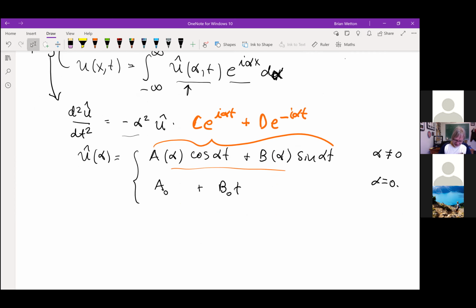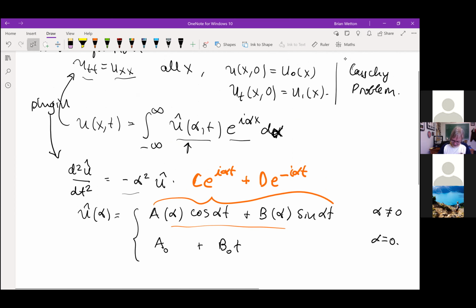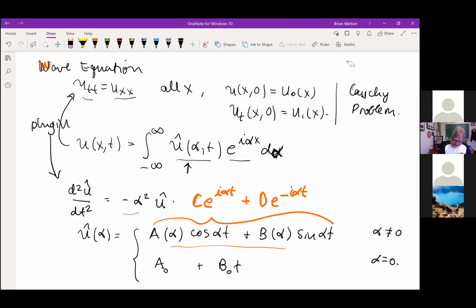If I look at that and I work out what the solution would be with those coefficients, and I did some work, I would get D'Alembert's formula. So it's a different way to get what we had before.